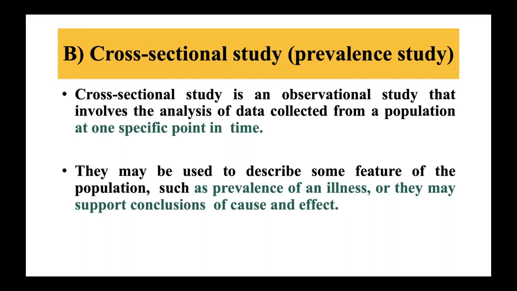One good example of this: suppose in first year MBBS, you test 100 students for tuberculosis, and you find that in the first year, in 2020, there was one student suffering from tuberculosis. So the incidence is 1%.